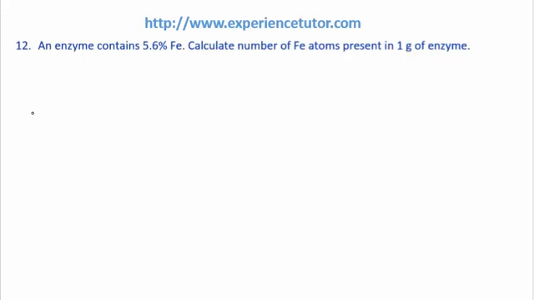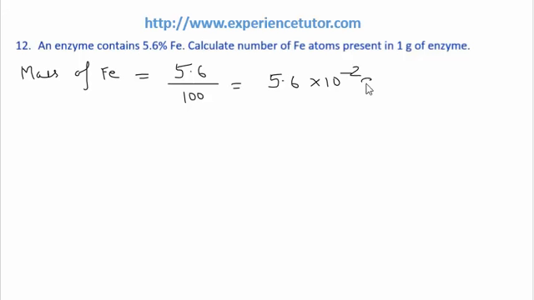Mass of Fe is equal to 5.6 upon 100, which is equal to 5.6 into 10 to the power minus 2 gram.